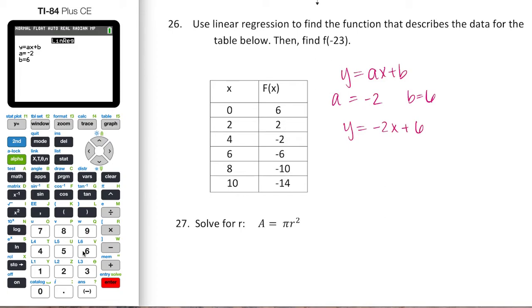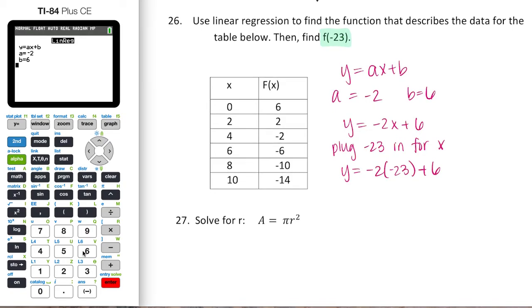Then it tells us to find f of -23. So we are going to plug -23 in for x. So we're going to have -2 times -23 plus 6. Okay.